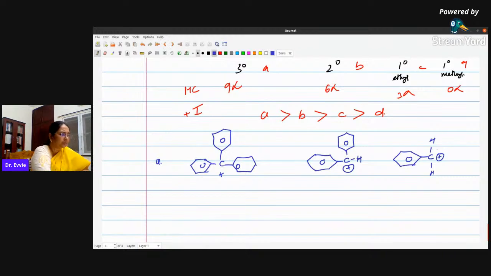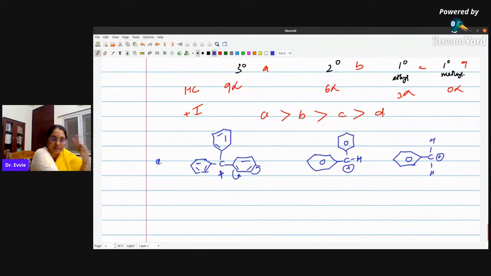Here we will talk about resonance. To be more clear, let me put in these bonds. If you see here, how many resonance structures are possible? Each ring will have 3 resonating structures, and along with this first one, totally, you know how the electrons will be shifted. This one will go here, this one will go here, and so on.